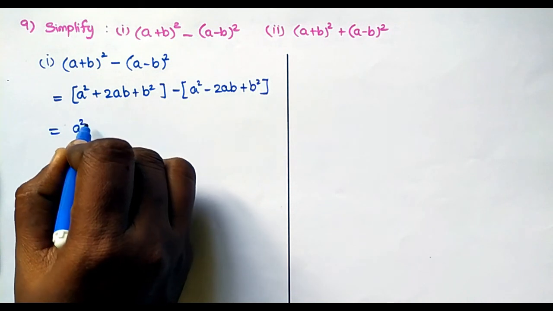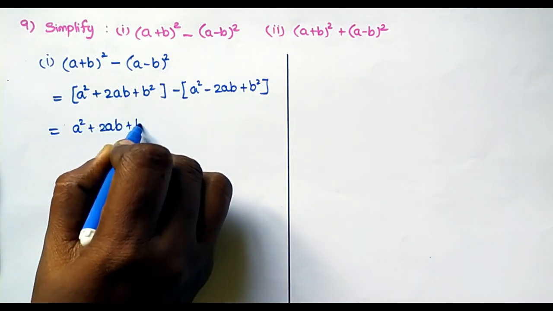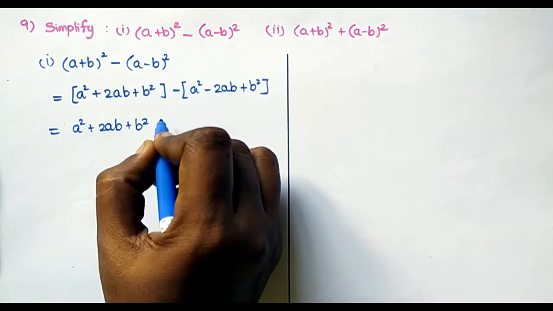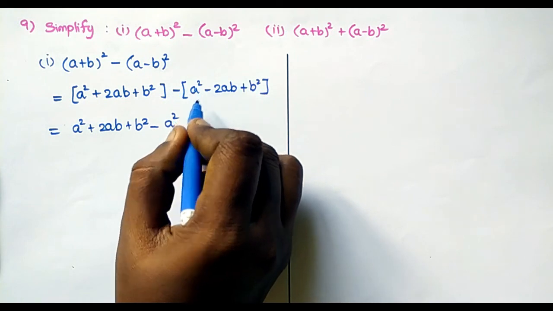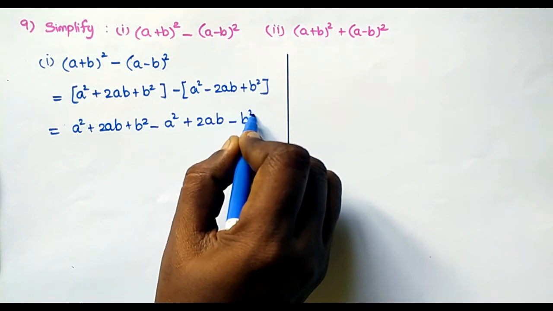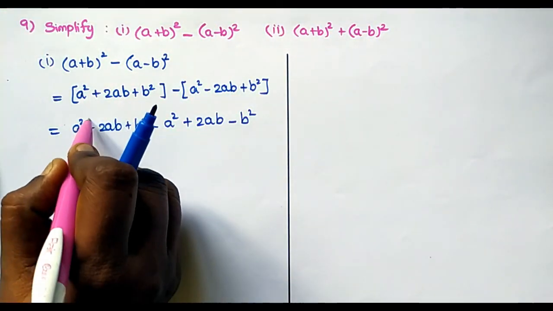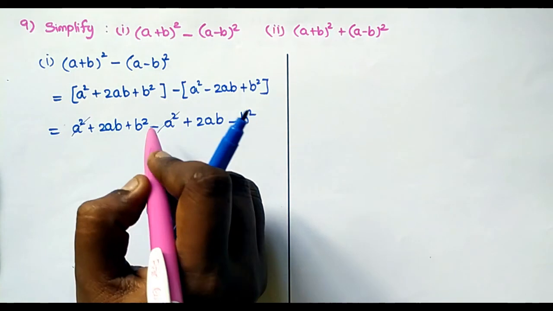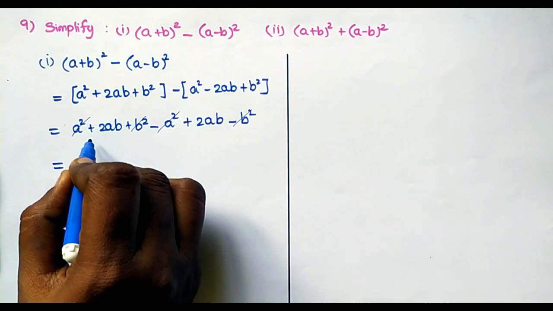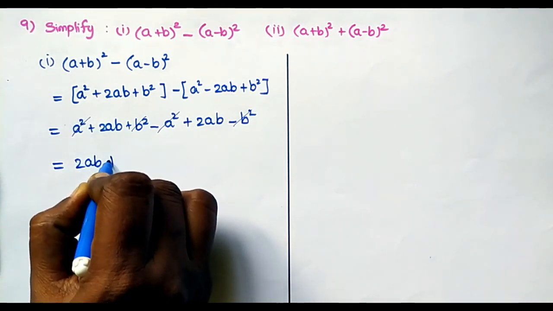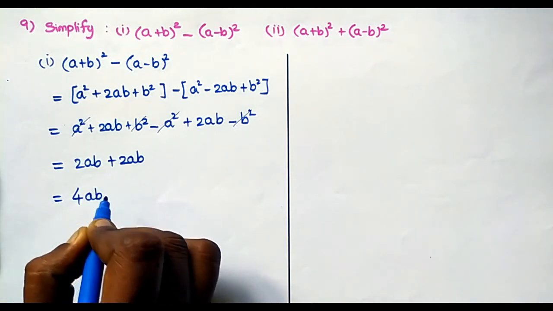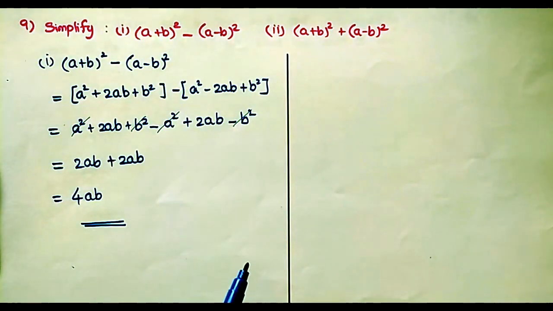Now remove the bracket, a squared plus 2ab plus b squared, multiply this minus with these terms, minus into plus, minus a squared, minus into minus, plus 2ab, minus into plus, minus b squared. Now plus a squared minus a squared get cancelled, and plus b squared minus b squared get cancelled. So write the remaining values, 2ab plus 2ab, 4ab. That is the answer for the first subdivision.